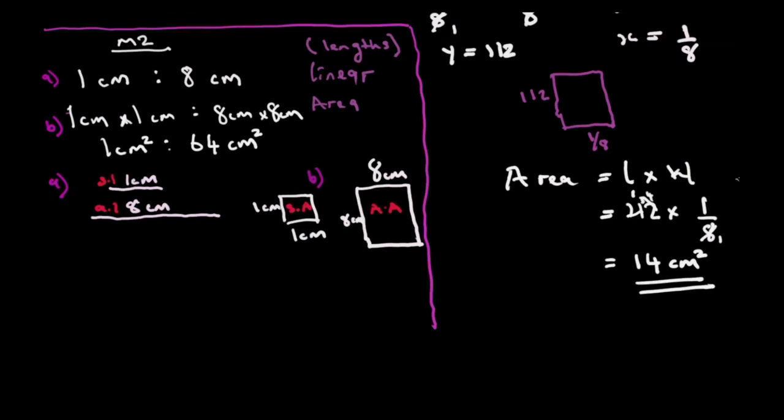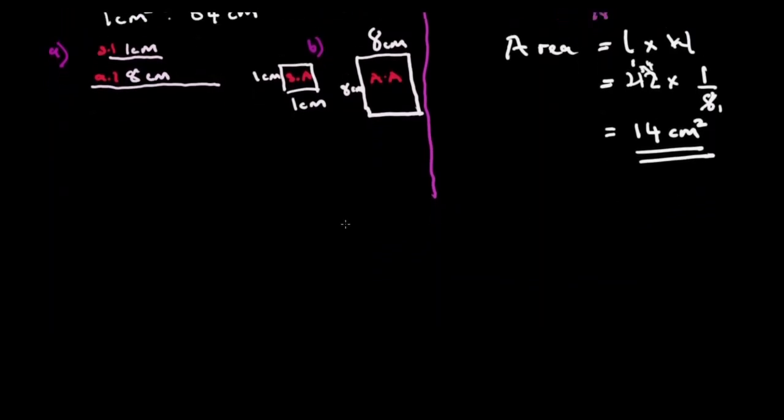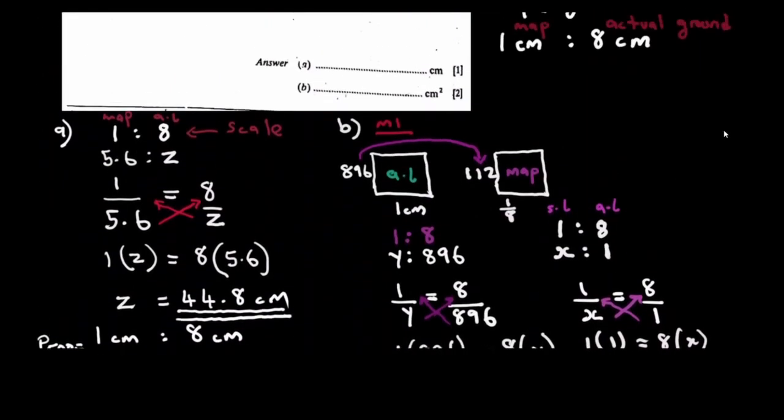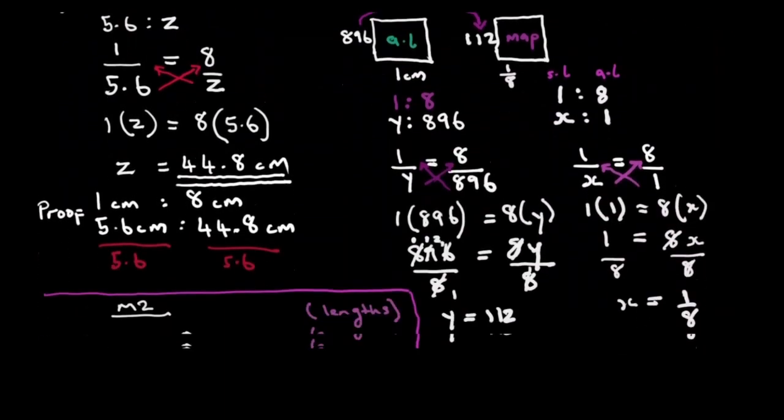Now, using our newfound scale, which is 1 centimeter squared represents 64 centimeter square, let us go back to our question. The area on the scale drawing which represents an actual area of 896 square centimeters.